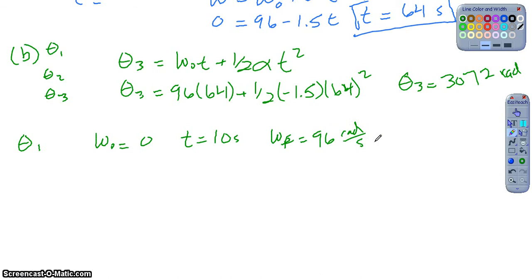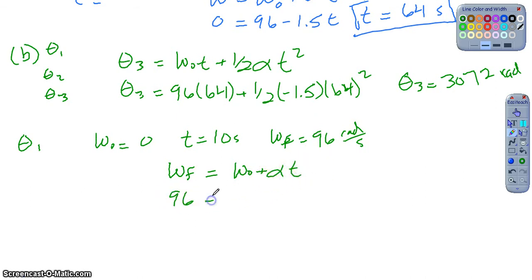Then we just need to solve for theta. In order to get theta, you actually have to solve for alpha first, so I'm going to need to use this relationship to solve for my angular acceleration.